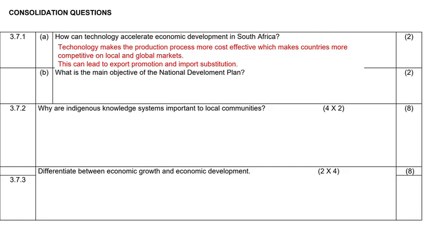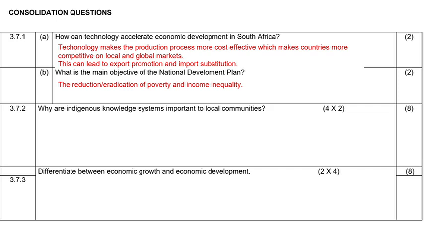So this can lead to export promotion as well as import substitution. Now, export promotion is when you're encouraging exports, and import substitution is when you're discouraging imports. What is the main objective of the National Development Plan, which is our current economic policy? It is the reduction or eradication of poverty and income inequality.